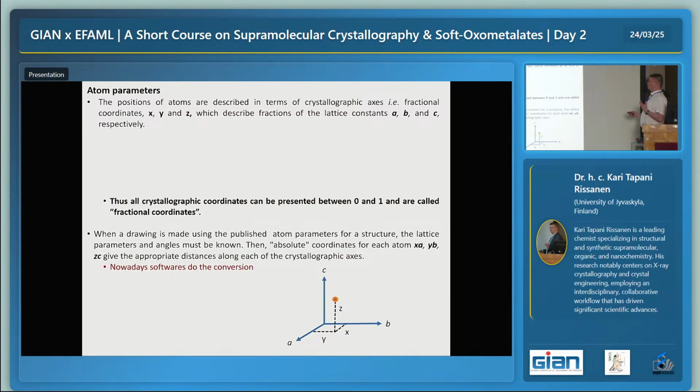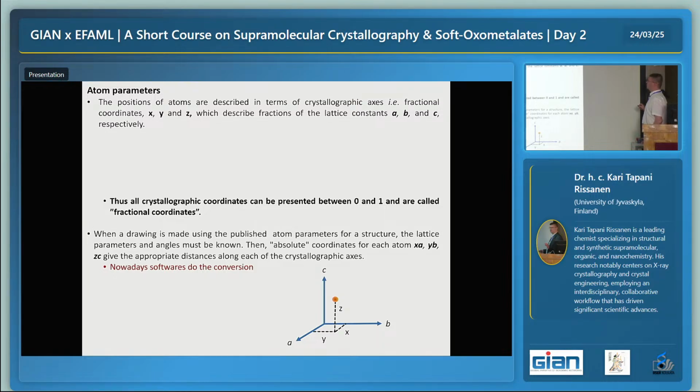And what is there when we are now thinking about the box? We defined only a box, but nothing about what is inside. In real life, of course, there is something inside the box. How do we tell somebody where this thing is inside the box? For that, we use atom parameters. It's the position of atoms.